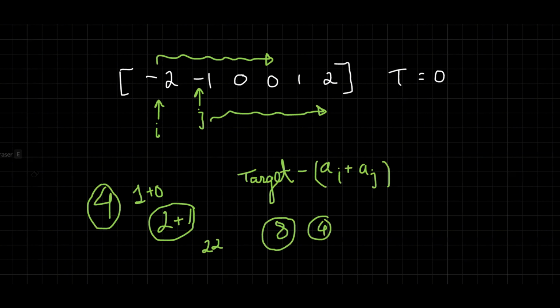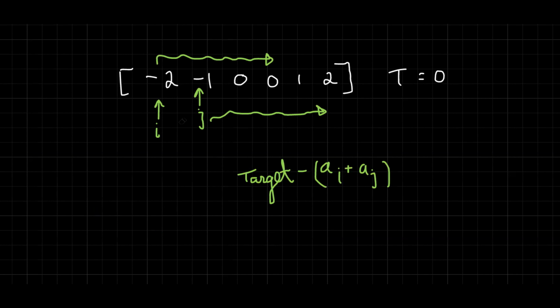So here, if we take a of i and a of j into consideration, then our target value t will be the given target minus a of i plus a of j. Or we can say that it is target minus a of i minus a of j.